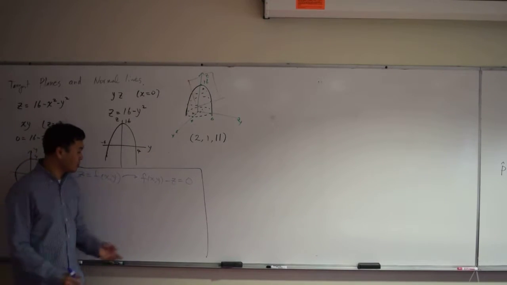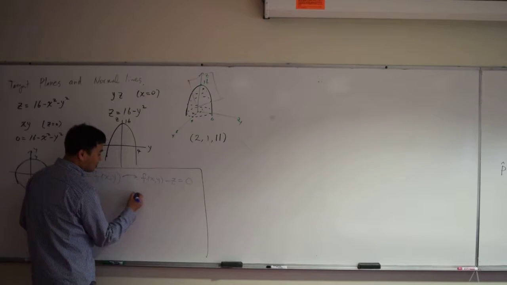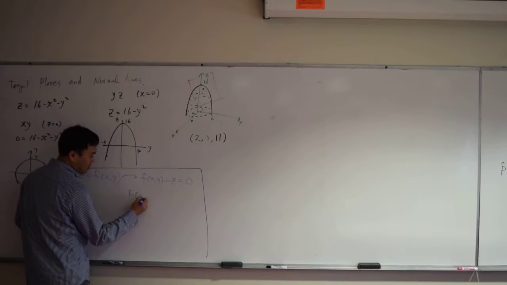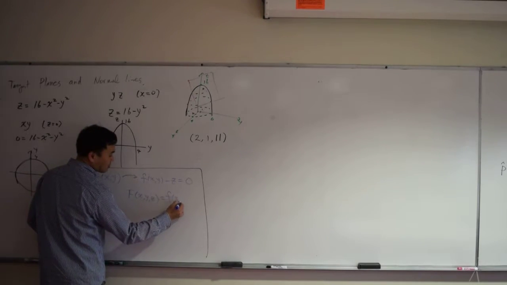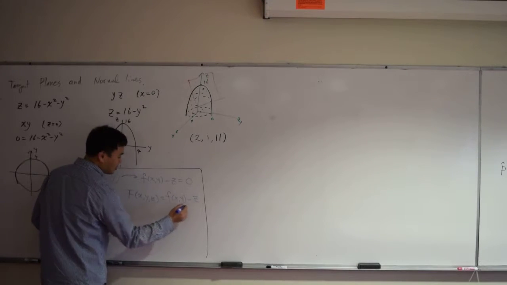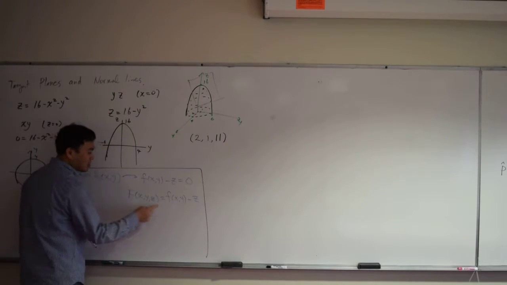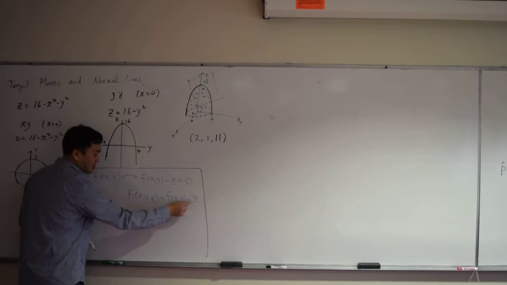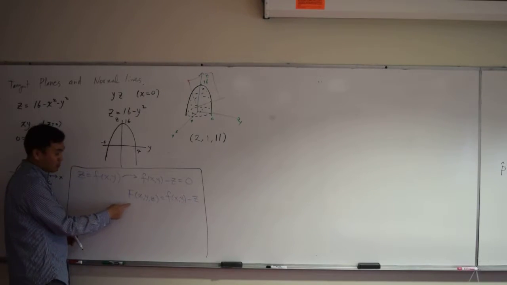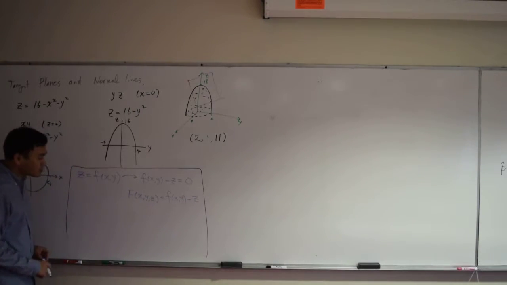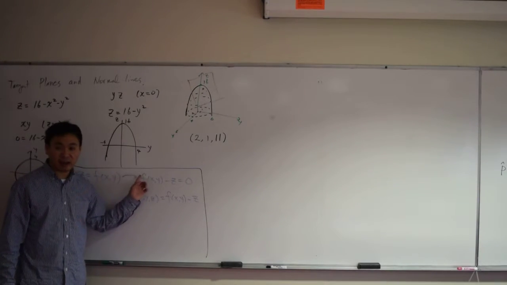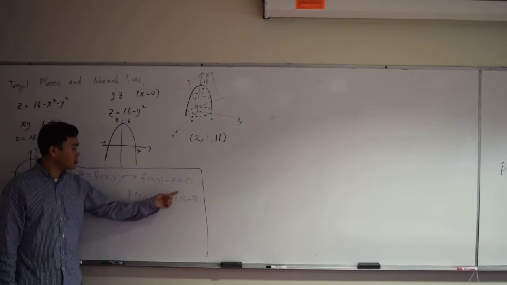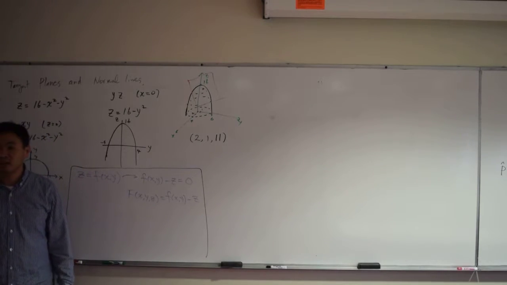If I define capital F of x, y, z as f of x comma y minus z, I can say this is a function of three variables because it's a function of x, y, and z. That's why I can call it another function, F of x, y, z. And once you define it like this, then this equation really looks like a function equal to a constant. Isn't that right?